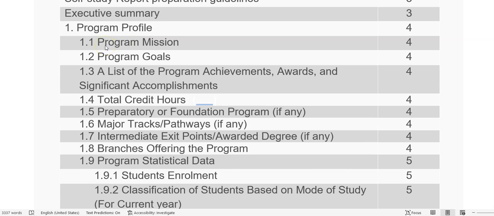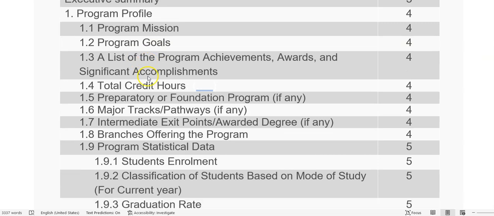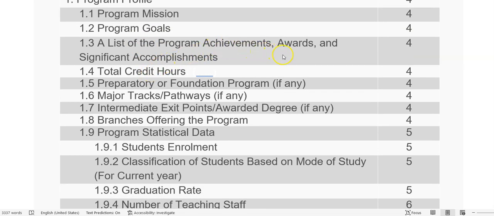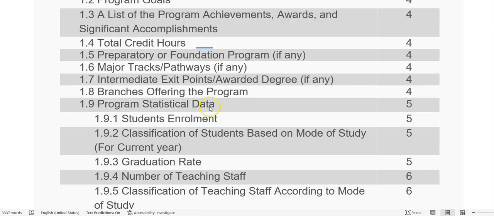In the program profile, we have program mission, program goals, list of the program achievements, awards, and significant accomplishments, total credit hours, preparatory or foundation program, if any, major tracks or pathways, if any, intermediate exit points, awarded degree, if any, branches offering the program, program statistical data.